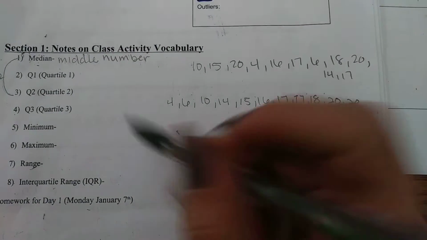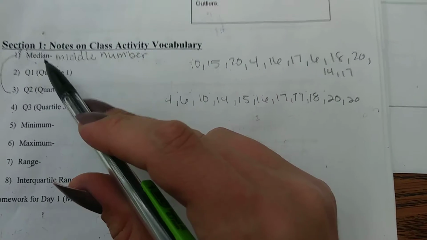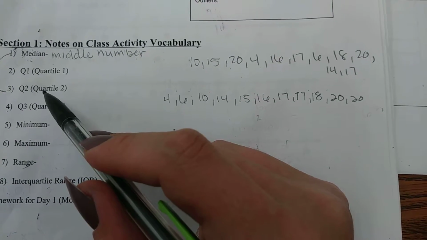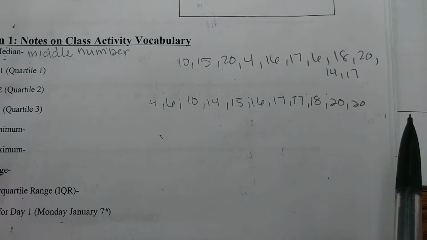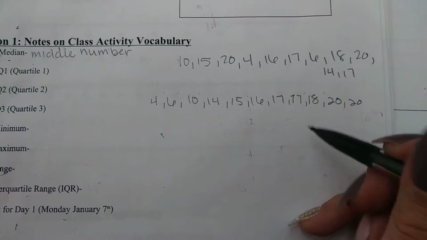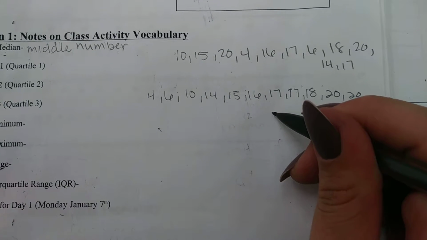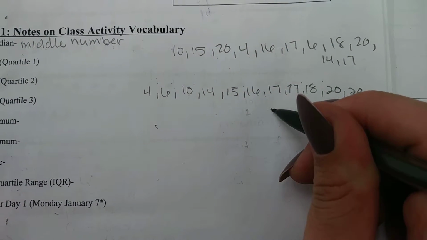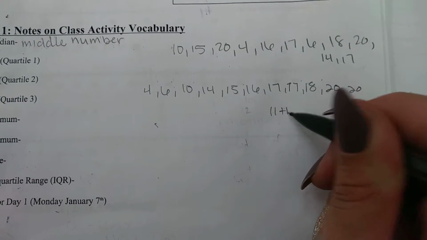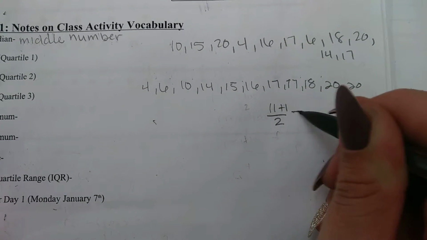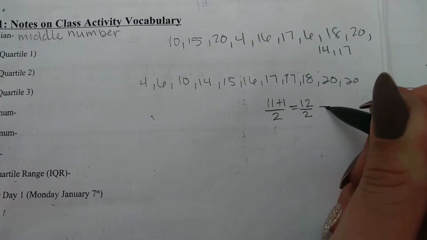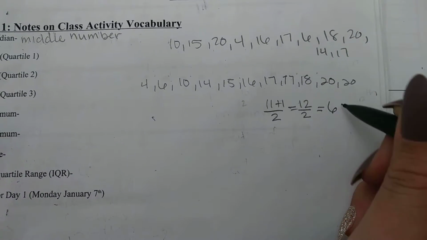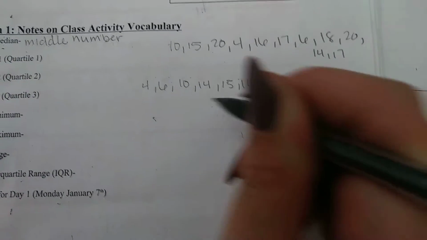Now, the first thing we're going to do is find the middle number, the median, the quartile 2. All the same thing, that middle number. So because I have 11 data entries, I'm going to do this using math because we are in Algebra 2. I'm going to say 11 plus 1 divided by 2 will be 12 over 2, and that gives me 6.